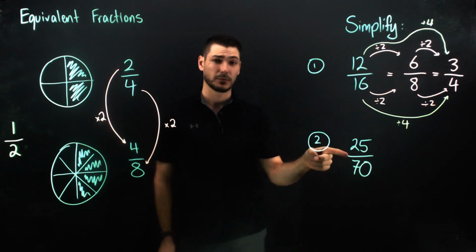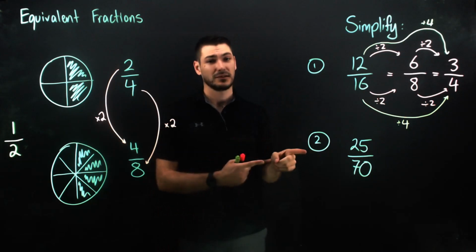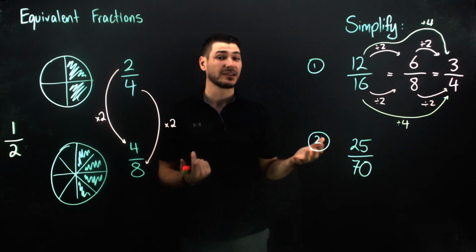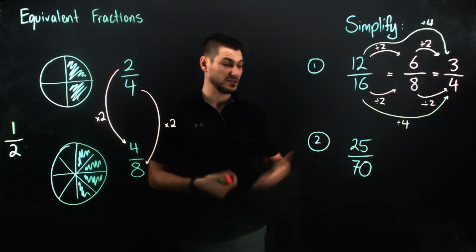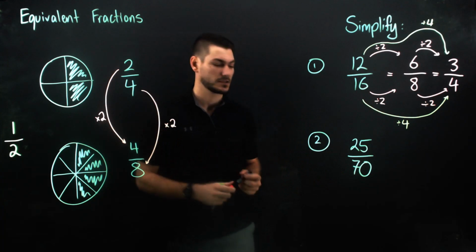Both of these numbers end in 0 or 5, which means both are divisible by 5. 5 may not be the biggest, maybe 15 goes into it, maybe 25 goes in, but at the very least we know 5 does. So that's where we're going to start.